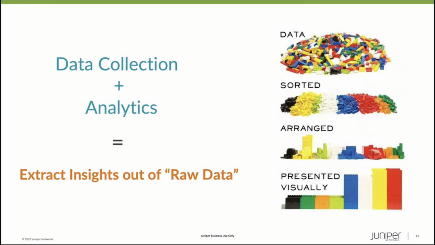I don't know how many colors I have, or which color there is more of. I don't know anything. But when you start sorting it, arranging it, presenting it visually, enriching it, that's when you start getting value out of your data. Because just collecting data isn't useful. It's just data. But when you do something with it, that's when you get true power. So that's what we're going to do.